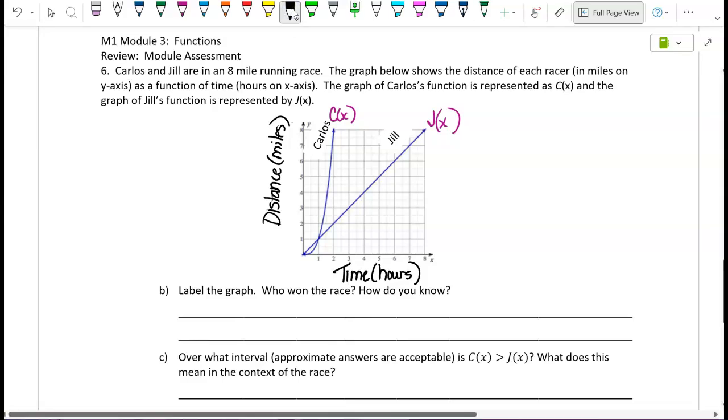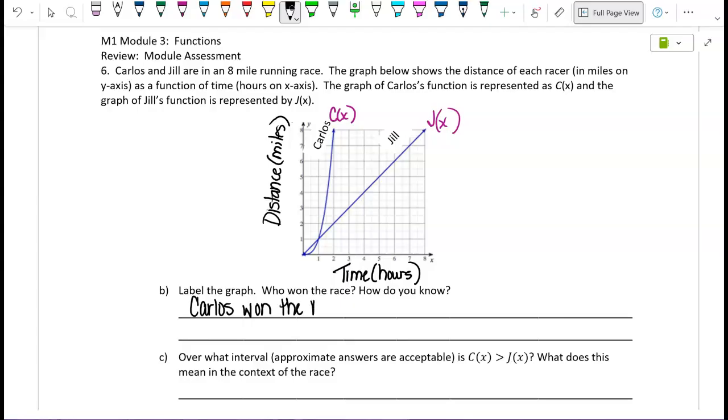All right, so Carlos won the race. And how do we know? Well, if we look at where Carlos was when he finished and we come down to our x-axis, he finished in 2 hours. If we do the same for Jill, it took her 8 hours.